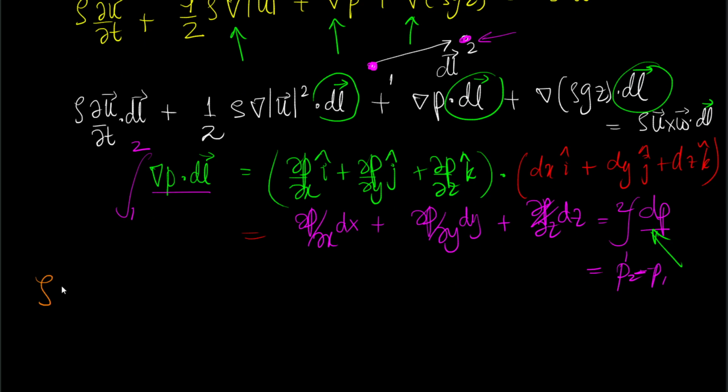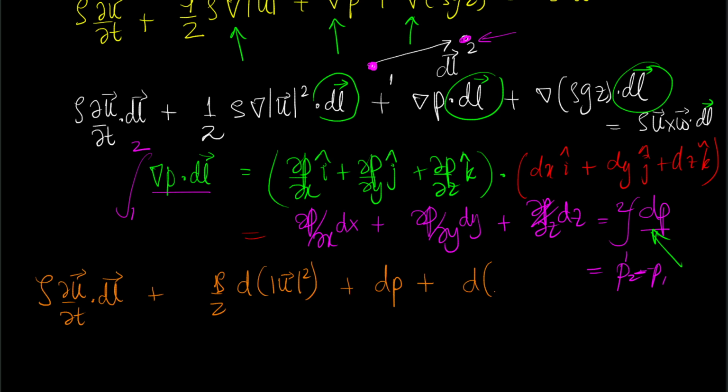So the first term remains as it is. The second term becomes half rho d of mod u square. The third term becomes d of p. The fourth term becomes d of rho gz. And lastly, the term on the right hand side is u cross omega dot dl vector.